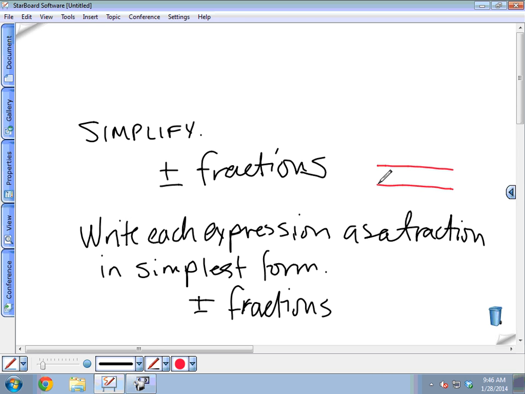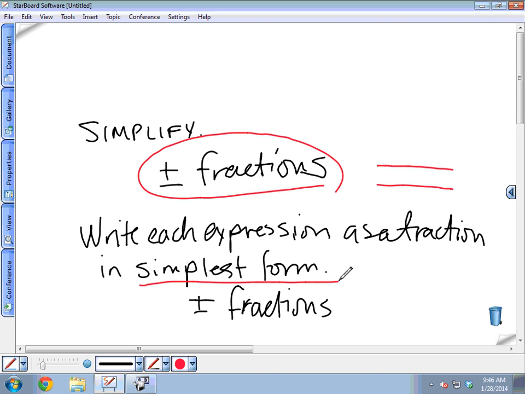Okay? When you are adding and subtracting fractions and it says to simplify, isn't the simplest form simplified? So they all mean the same thing. So the section on that was exactly the same.